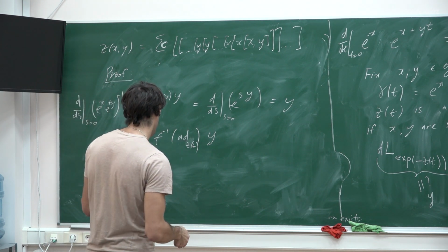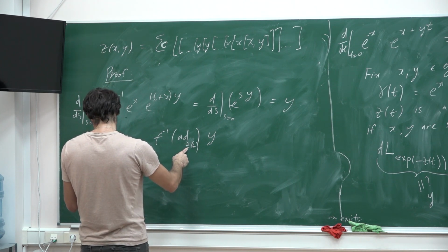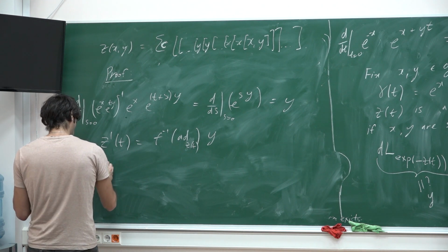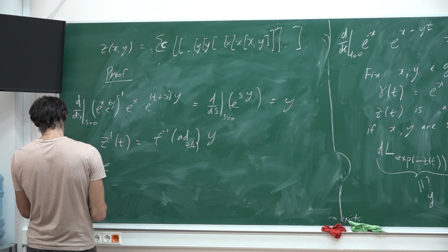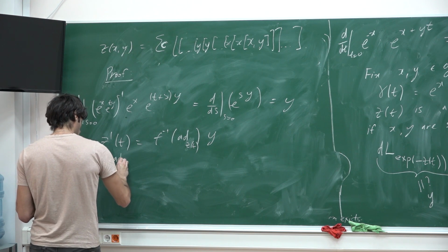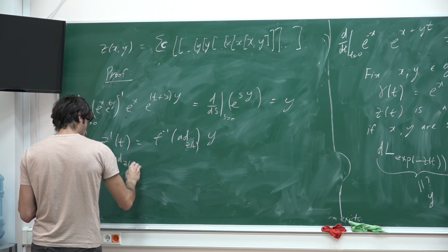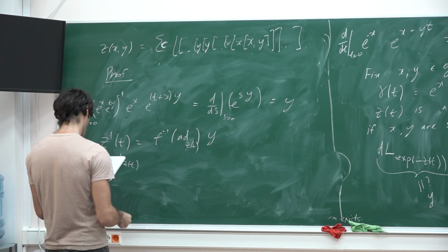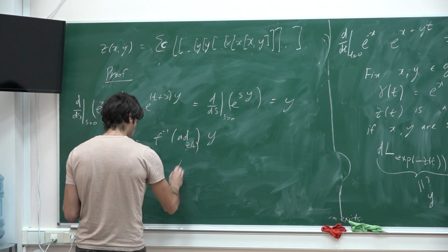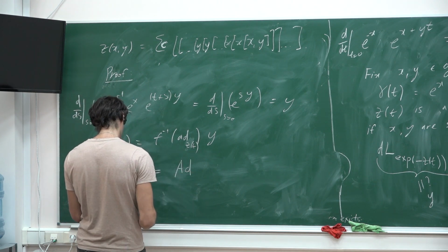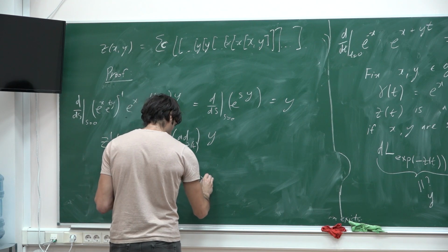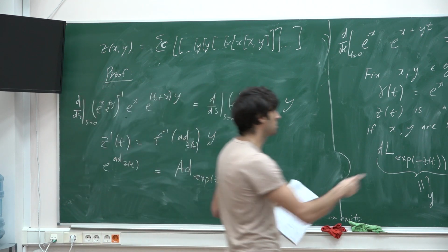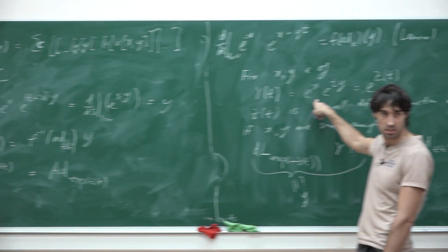So we're almost there. We just need to work with this thing a little bit. So let me write it like this: e to the ad z of t. Let's first look at what this thing is. I apply functoriality of the exponential map. This is ad of exp of z of t. Exp of z of t is this.